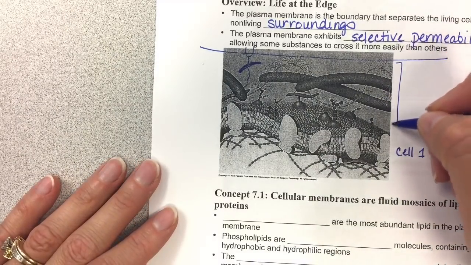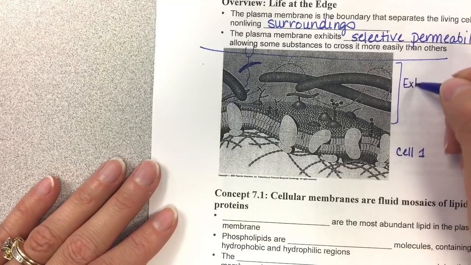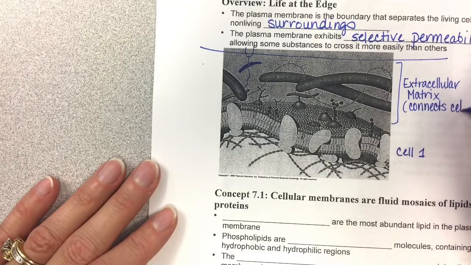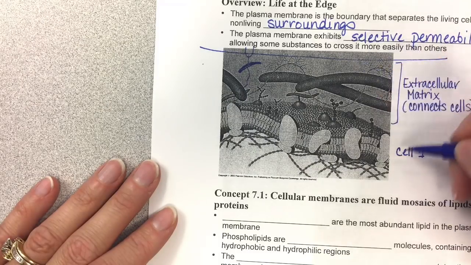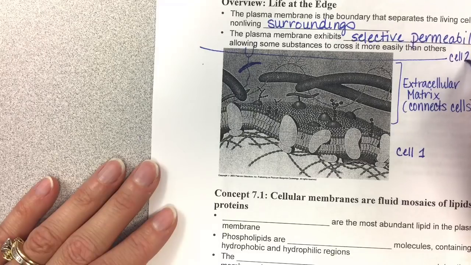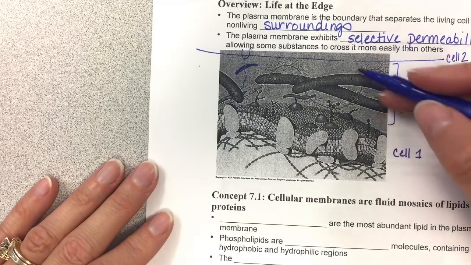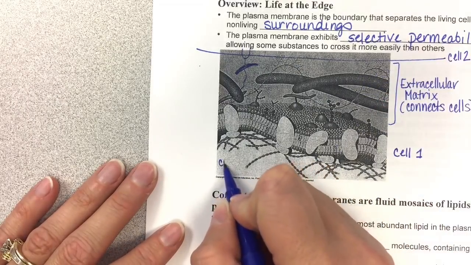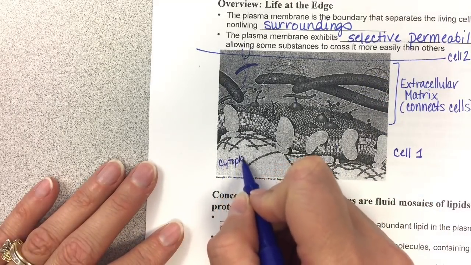So this is the extracellular matrix, and it connects cells. They're connected from cell membrane to cell membrane. So this is cell 2, the membrane of cell 2. That's what that picture is. And this is the cytoplasm inside this cell.